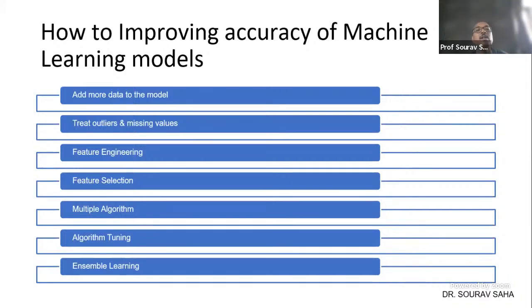But as machine learning scientists, you have to follow the other steps also. Can I add more data to the model and see if my model becomes better? Can I treat those outliers, missing values, do feature engineering, feature selection? Can we do all those things to ensure we come to a very good result? Right? So all those steps have to be done. So multiple algorithms will probably be the last but one step.